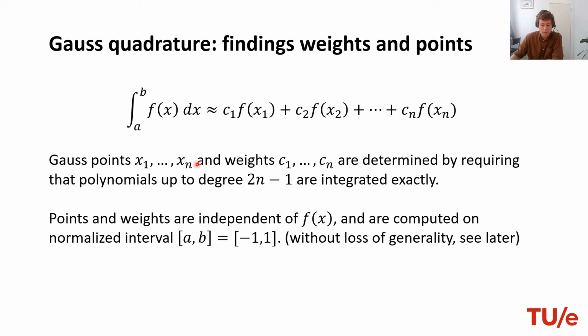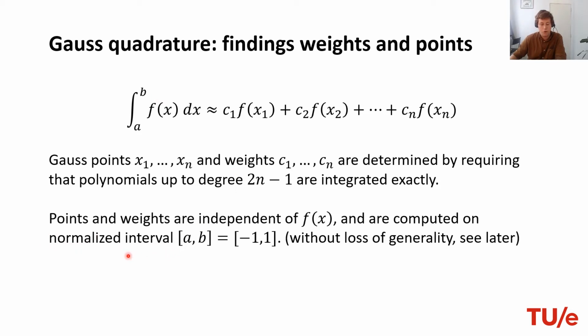Also, the evaluation points x1 to xn, in the standard way of writing it like this, are obviously dependent on a and b. They will be in the interval from a to b where we try to integrate this function. However, we try to make this into a standardized method for finding these Gauss points.